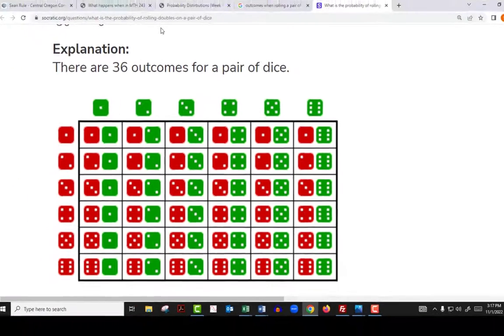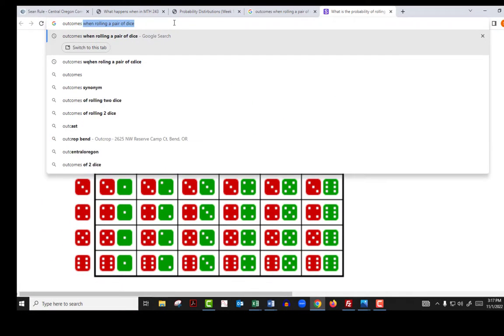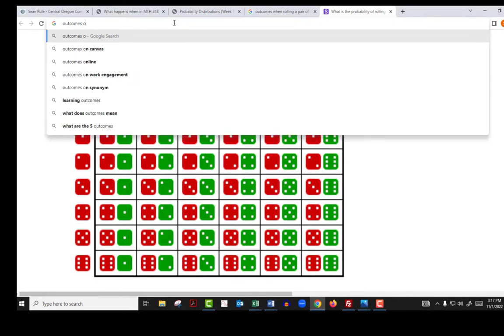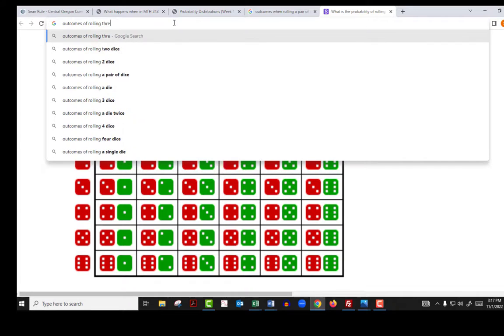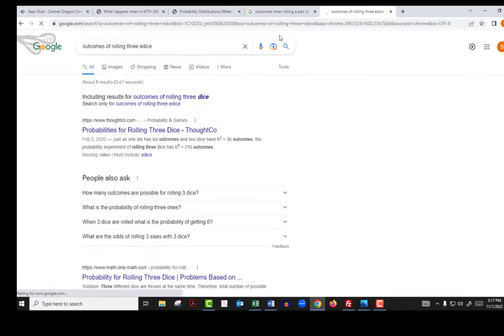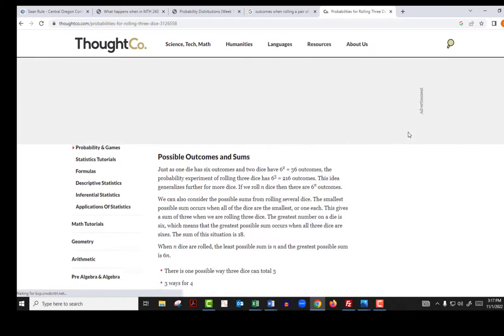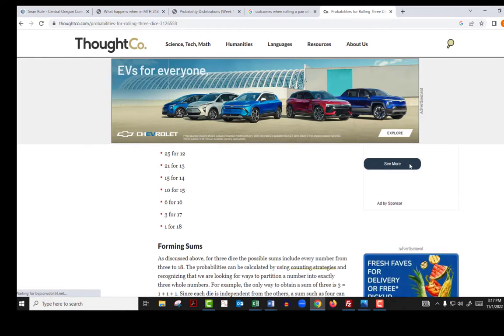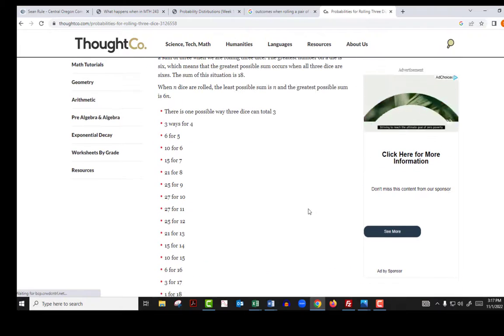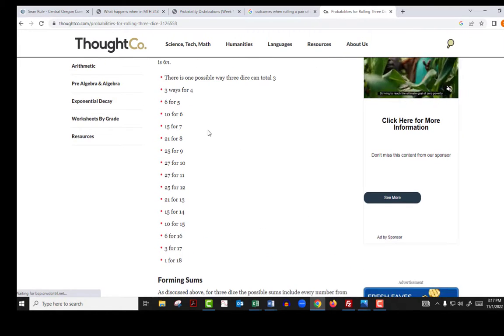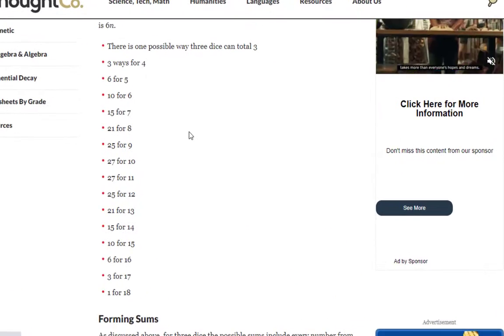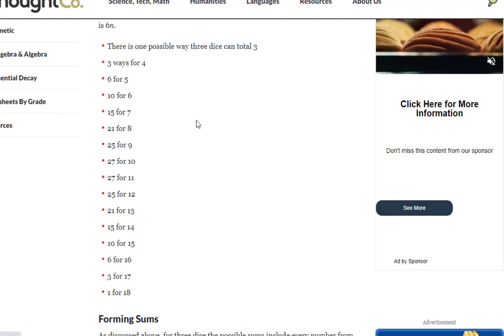I wonder, what if we look up outcomes of rolling 3 dice? I wonder if it'll show us or just tell us. There's 3 dice possible outcomes. Oh, well, actually, this is a listing way of showing you all the ways.